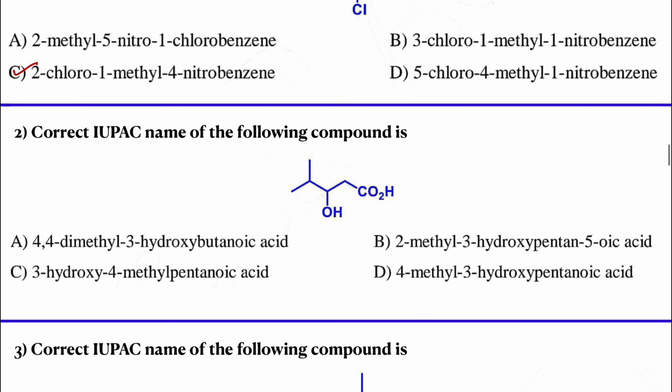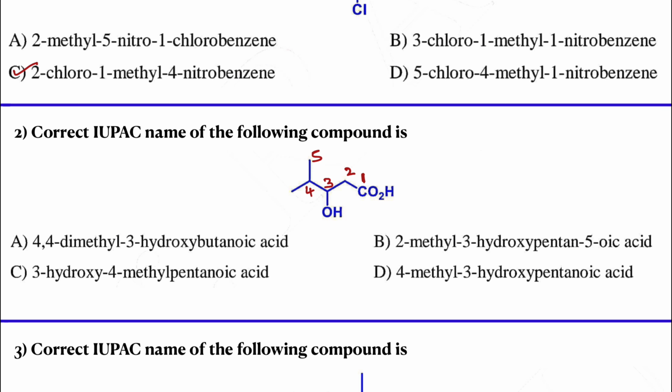And in the next example, we have carboxylic acid and alcohol. According to the IUPAC sequence rule, the carboxylic acid carbon gets more priority. Therefore, this is the correct numbering. And here we have prefix names, that is methyl and hydroxy, in alphabetical order.